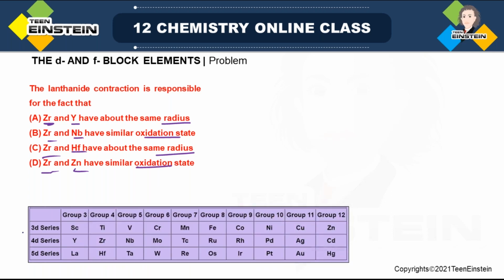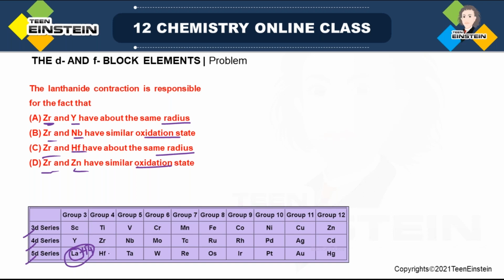This is the 3 series in d block, and this is the position where all the 14 elements are present. La has 57 atomic number, but after that there are 14 elements also. La plus 14 elements are all in the same group, same period, and after that there is Hf.